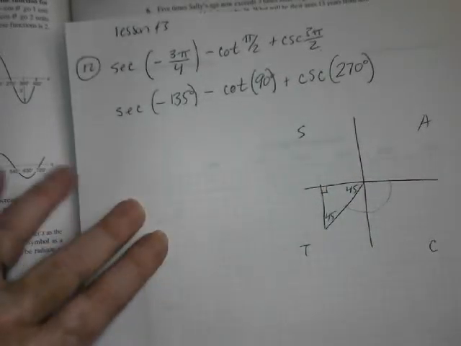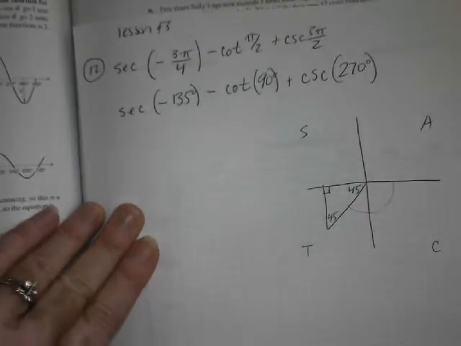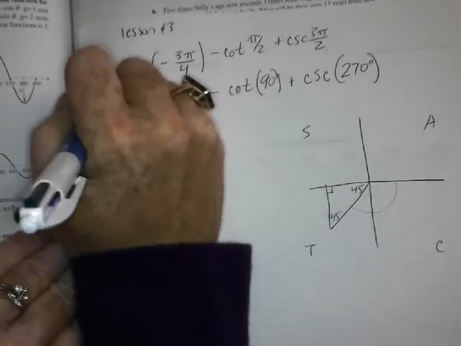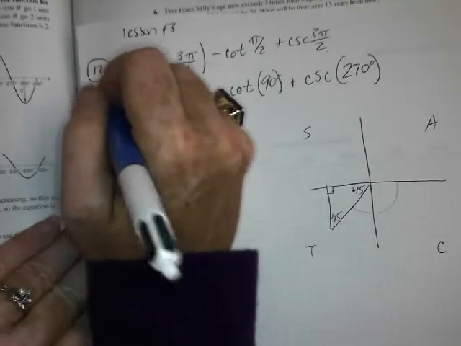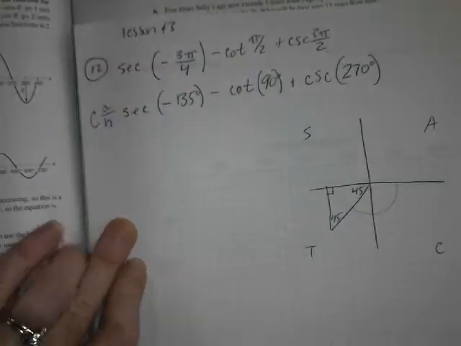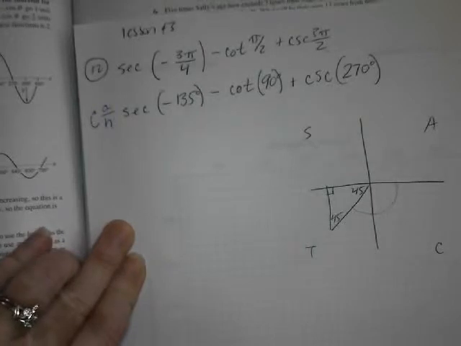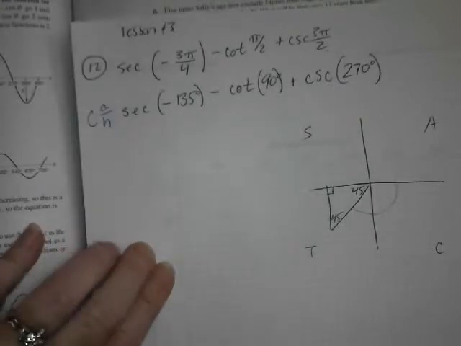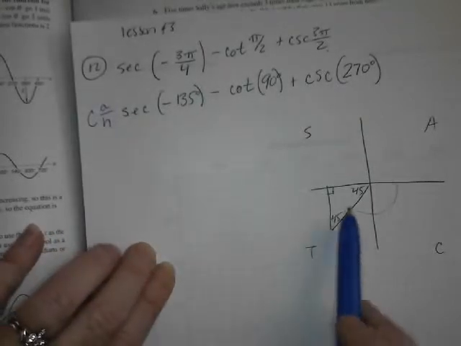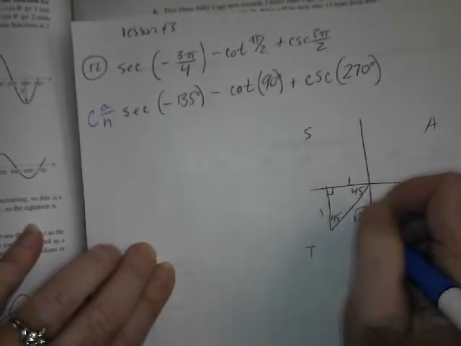Now, the reciprocal of secant is cosine. So cosine is adjacent over hypotenuse. I'll probably just find the cosine of it and then flip it upside down if you don't mind. The cosine of this is going to be adjacent, well that's 1 root 2, isn't it?